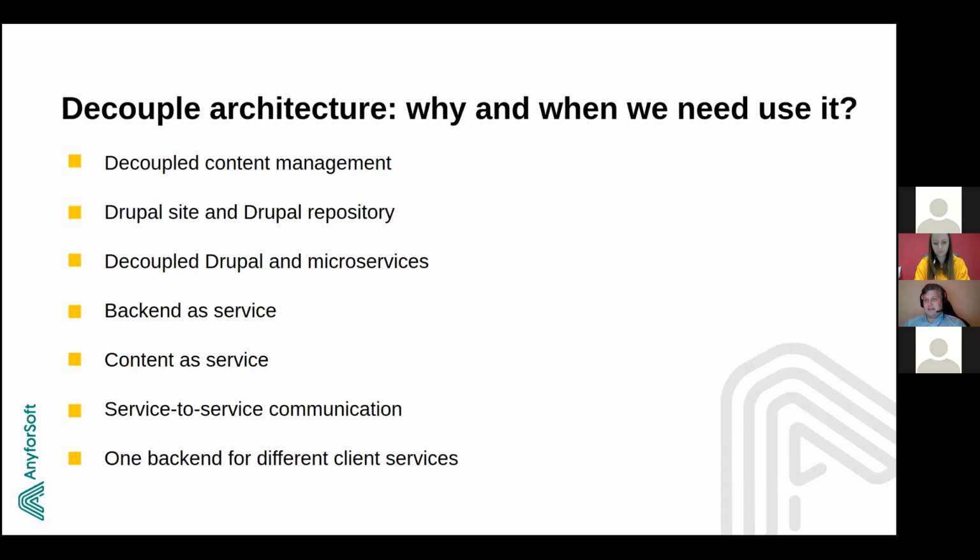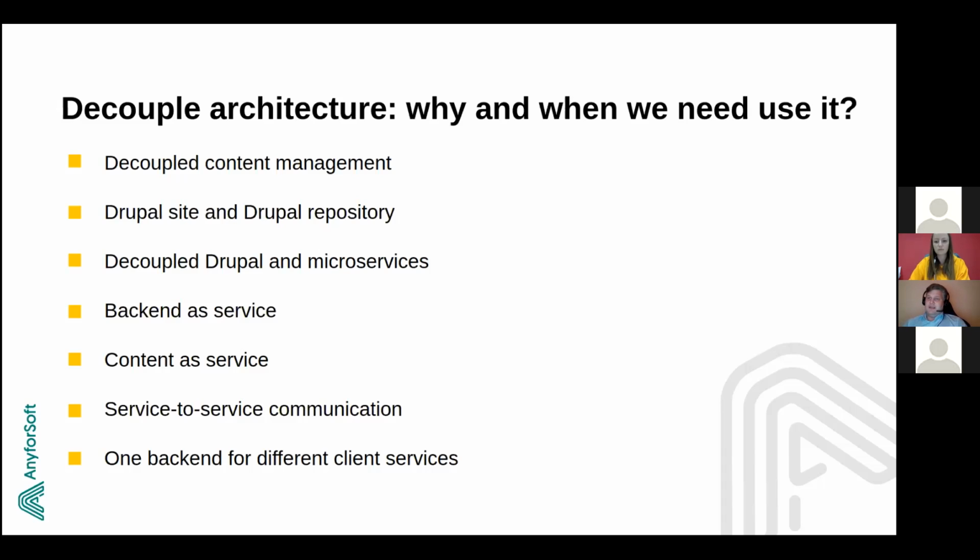We can talk about a Drupal site when Drupal is used for displaying some content, but when Drupal is used only as a data backend, in terms of decoupling, we should say Drupal repository. These are two differences, and we will talk about that a little later when we talk about the types of Drupal decoupling.